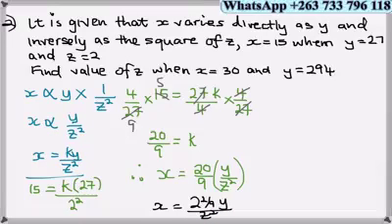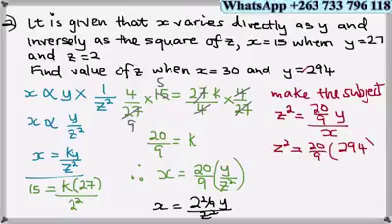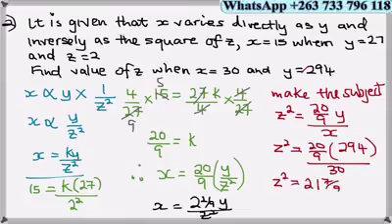Then let's substitute values to find the value of z. So the first step is to make z the subject of the formula. So z squared will swap with x here. Therefore let's substitute 294 for y, then 30 for x.